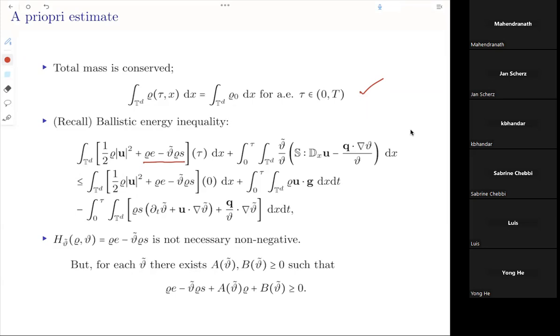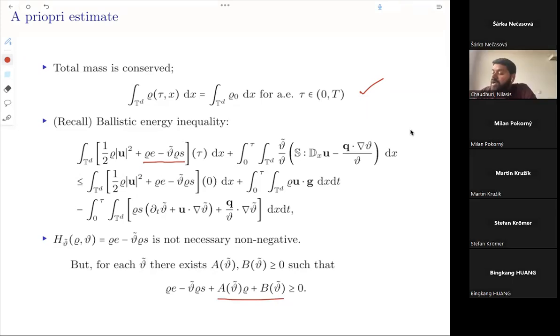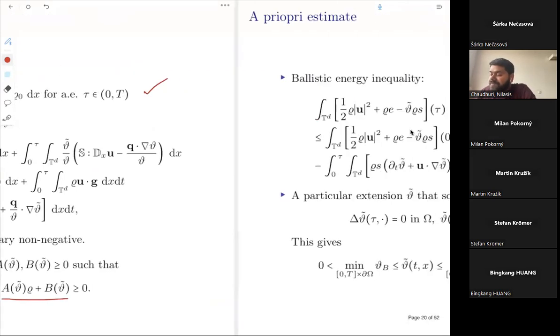But if we just add an affine function, we can make it always non-negative. And we already know that total mass is conserved. So if we add this particular quantity on both sides, it will not change anything, because on the right-hand side we have the same quantity from the mass balance. Therefore, we can do some sort of estimate out of it by adding this extra term.